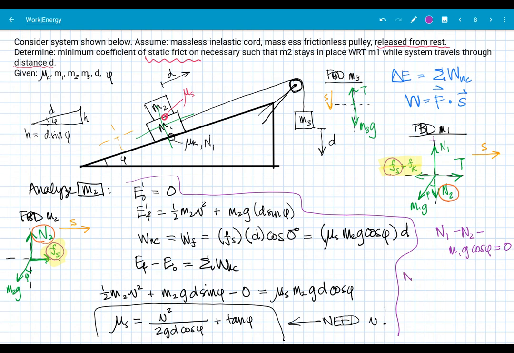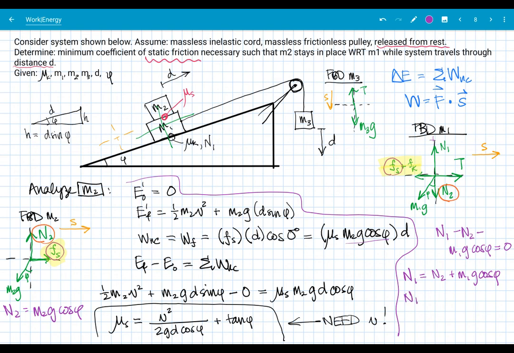Okay, so that allows me to express N1 is equal to N2 plus M1 g cosine phi. Well, what's N2? We can go back to the free body diagram for M2 to figure that out. N2 is equal to M2 g cosine phi, and we had already subbed that in when we did the analysis on that side.